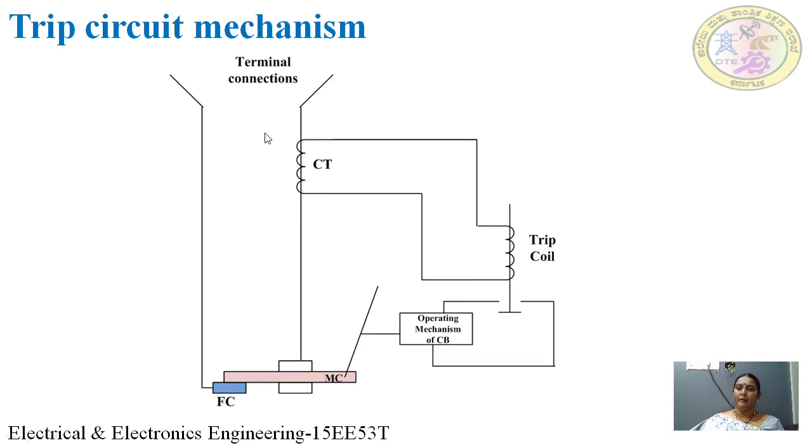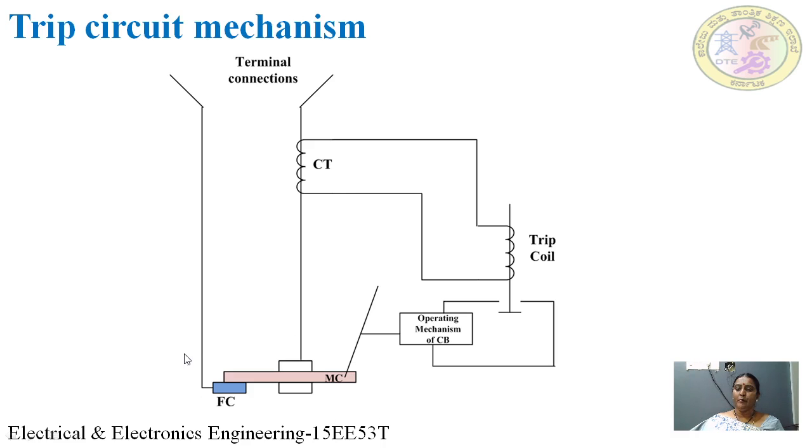In the tripping mechanism, there is a circuit breaker. This circuit breaker has a fixed contact and a moving contact. The fixed contact and moving contact are placed in a medium to extinguish the arc.